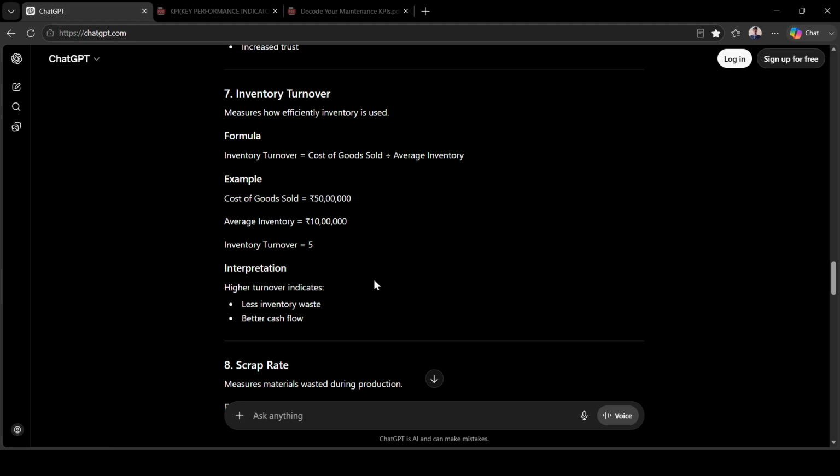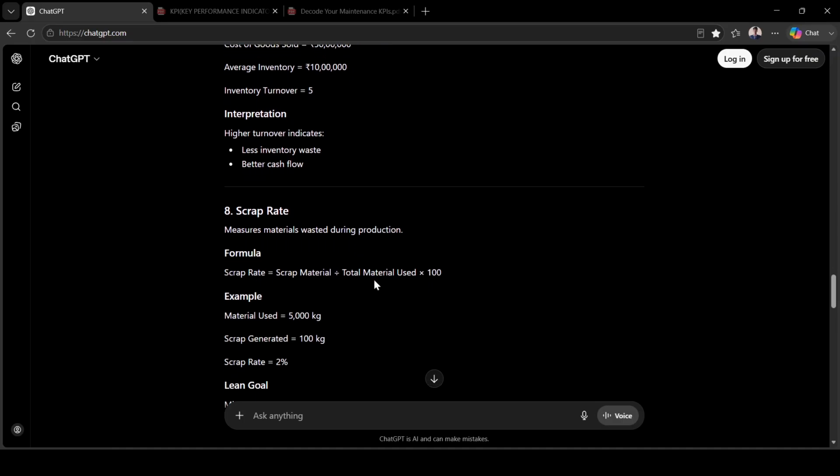Example: cost of goods sold 50 lakhs, average inventory 10 lakhs, inventory turnover 5. Interpretation: higher turnover indicates less inventory waste and better cash flow.